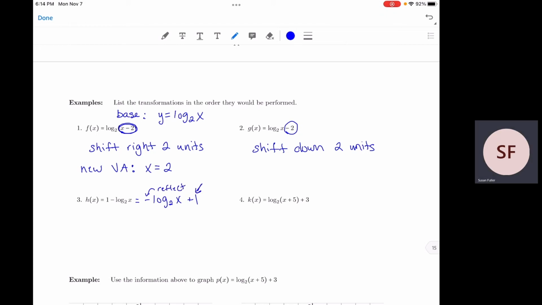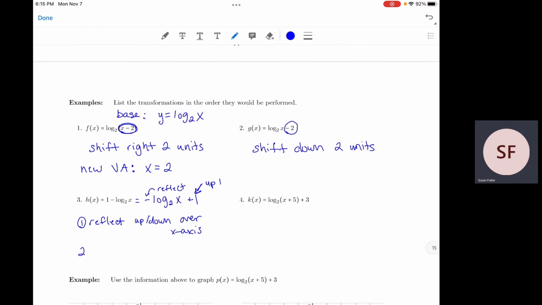And then we have this plus 1 out here because it's on the outside. That's going to shift us up 1 unit. And I need to list these in the order that they would be performed. So the first thing that I'm going to do is reflect up and down over the x-axis.